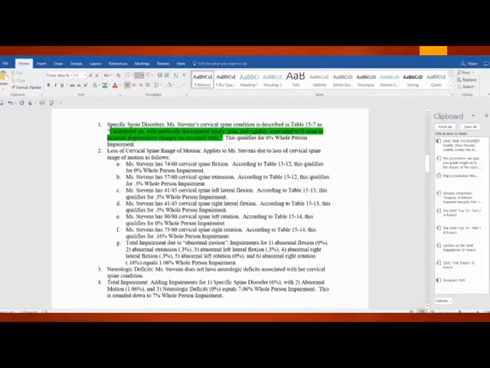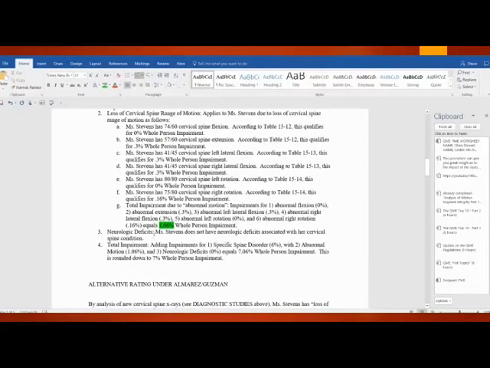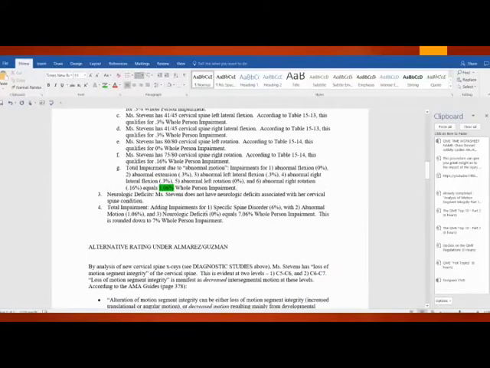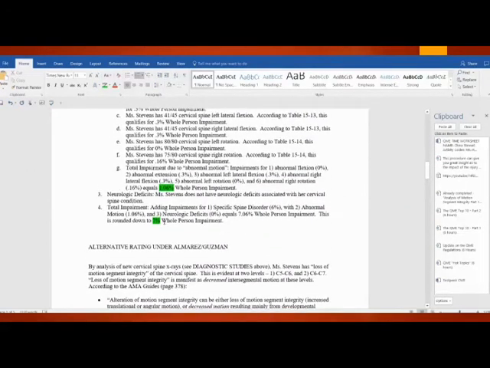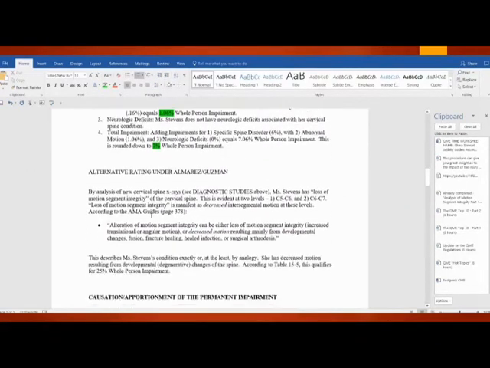Rotation was preserved to the left and a minimal reduction to the right, which qualified only for 1.06% whole person impairment. The third component of the range of motion method, she did not have neurologic deficits associated with the cervical spine. So according to the range of motion method, her whole person impairment came to be 7%. So we had 5% under the DRE, 7% under the range of motion method.